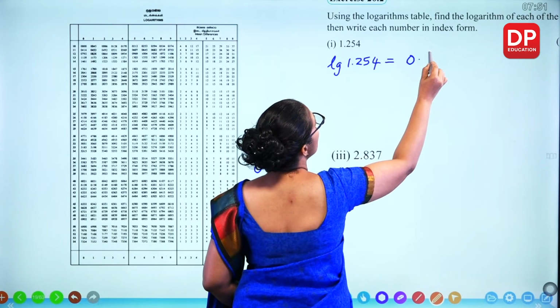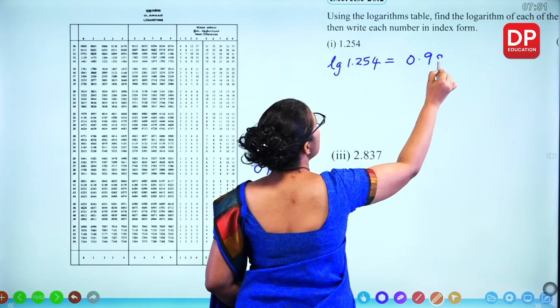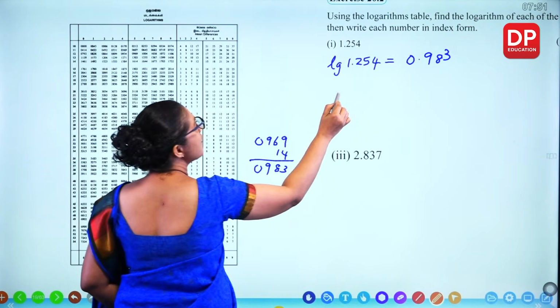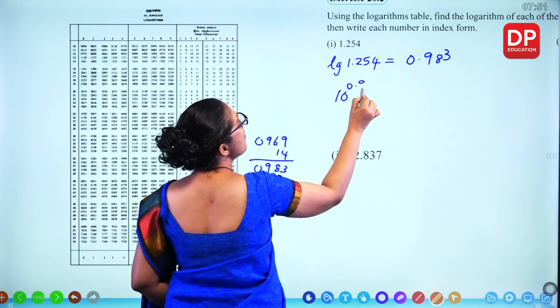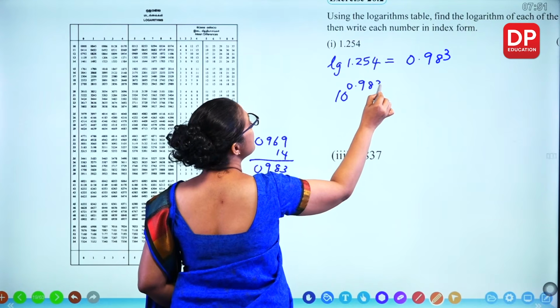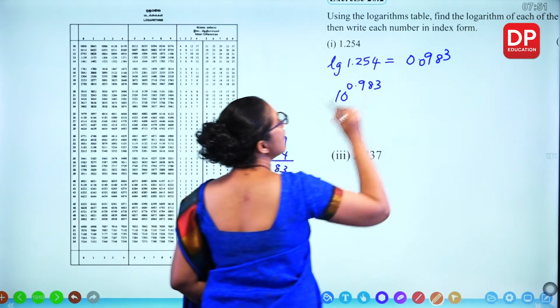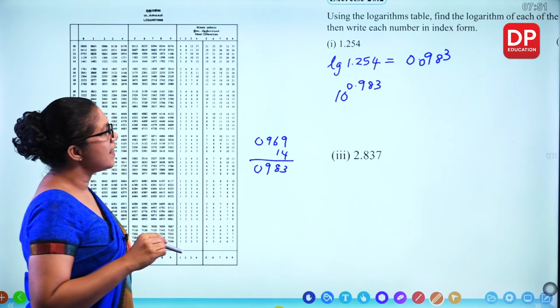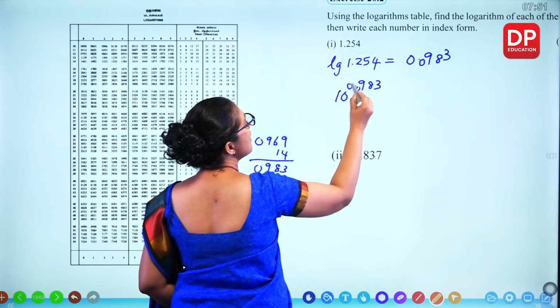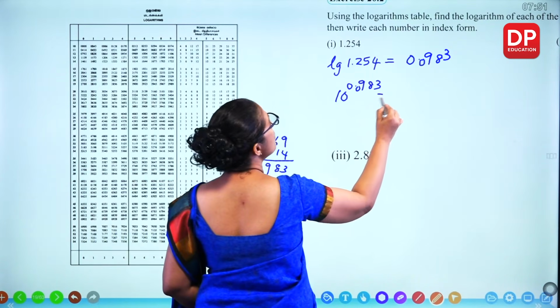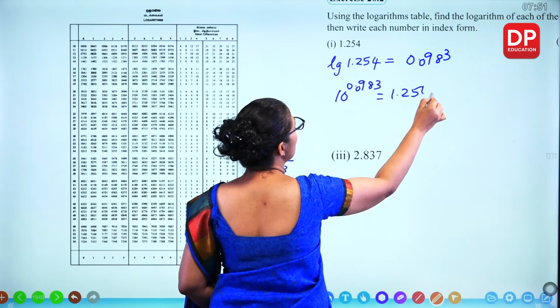The number is 0.983. Then you can write 10 to the power 0.0983 is equal to 1.254.